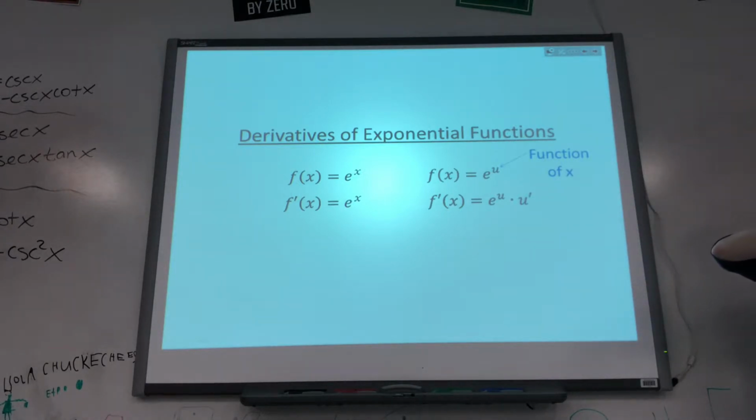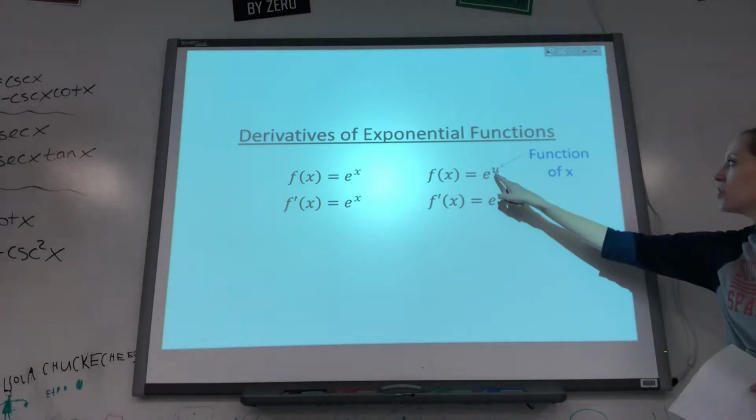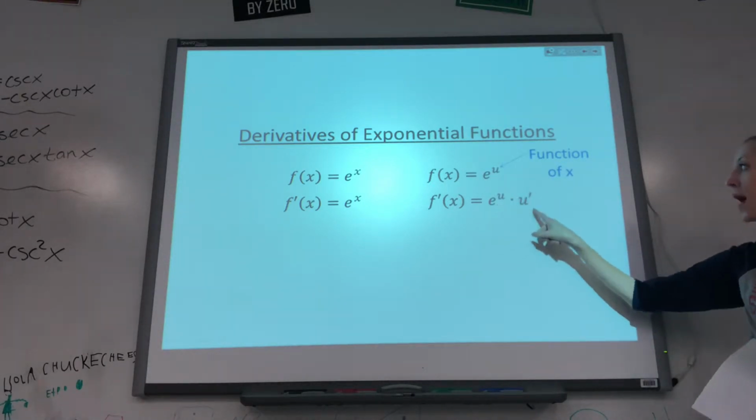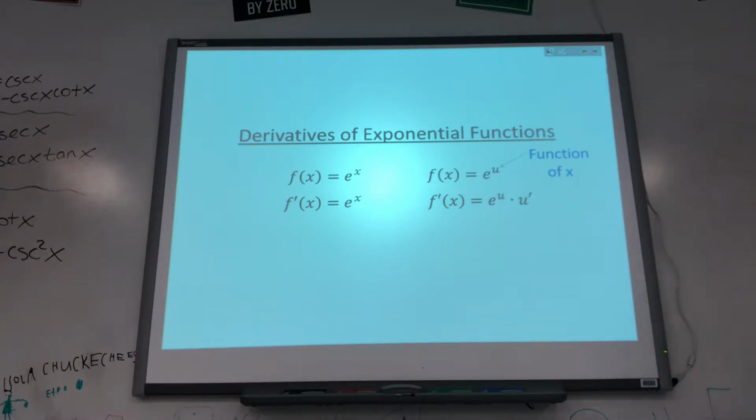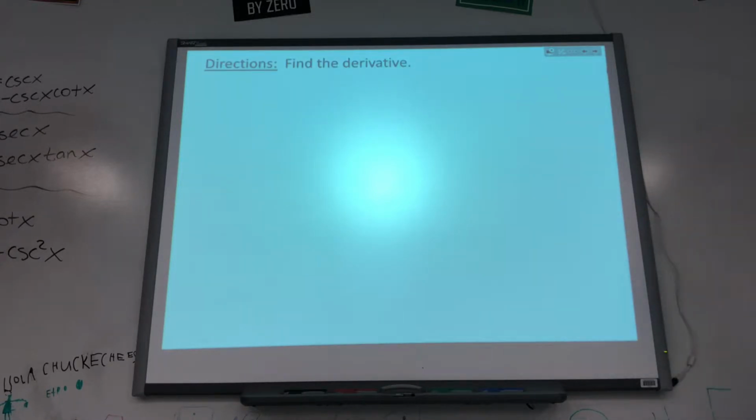So again, it's chain rule-ish in that you write down what you started with, come back, and take the derivative of that exponent, whatever was up there with x. Okay, so directions for all day today are going to be just to find the derivative, like usual.